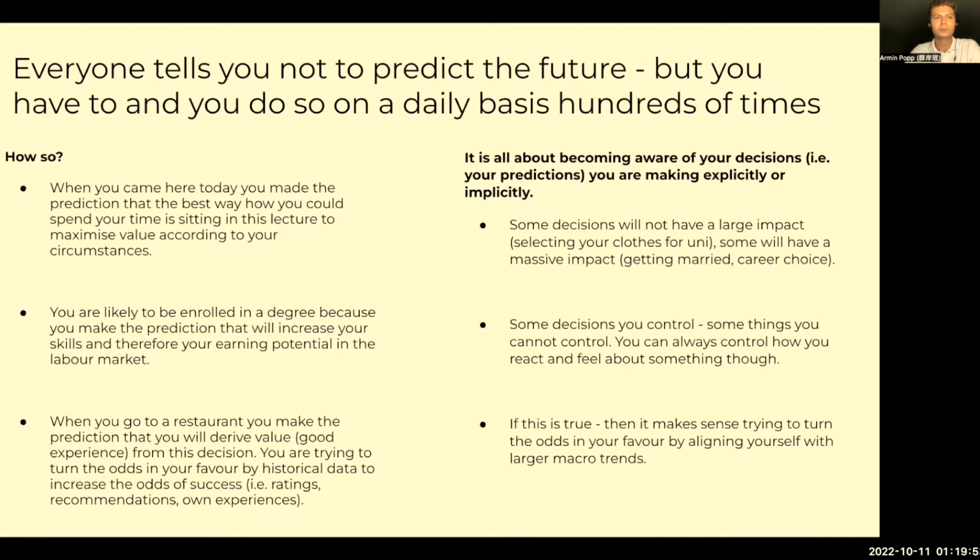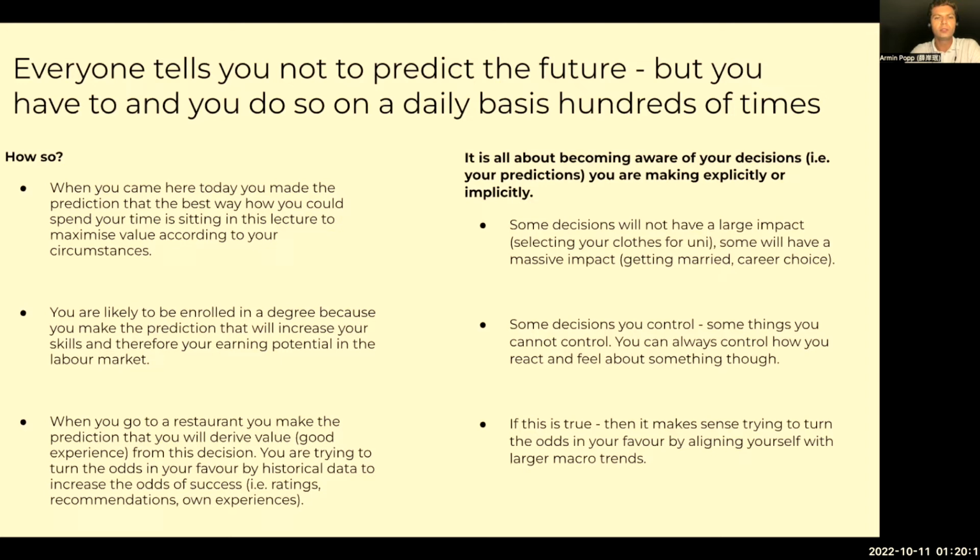So how so? When you came here today, you pretty much made the prediction that the best way you could spend your evening is sitting in this seminar and to maximize your value according to whatever your circumstances are.